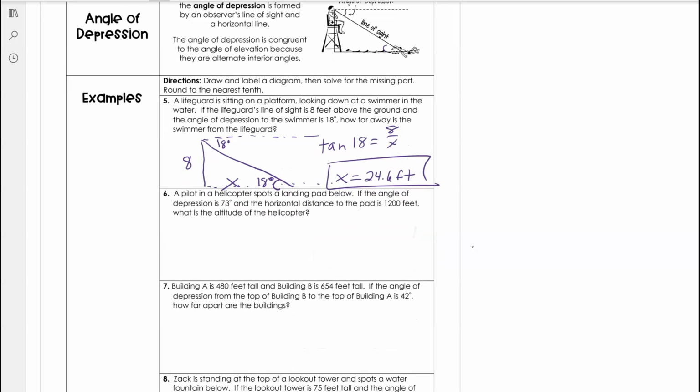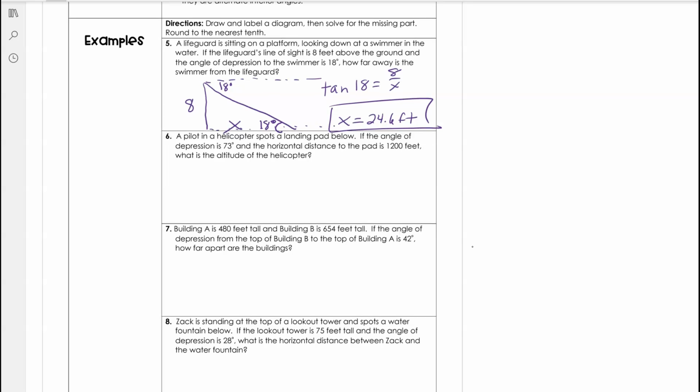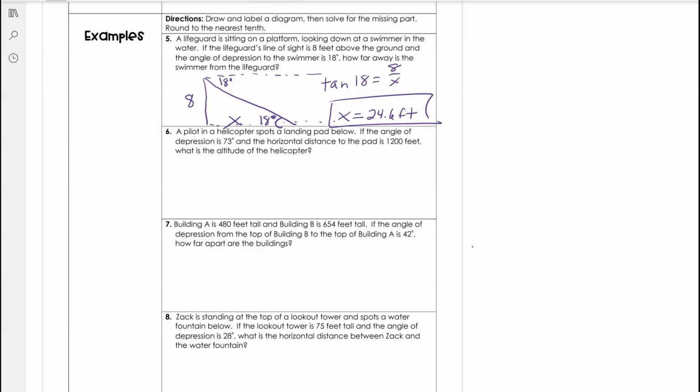All right, next, a pilot is in a helicopter, spots a landing pad below. If the angle of depression is 73 degrees, so here's our helicopter, angle of depression is 73 degrees.